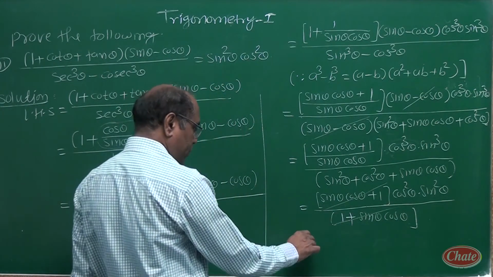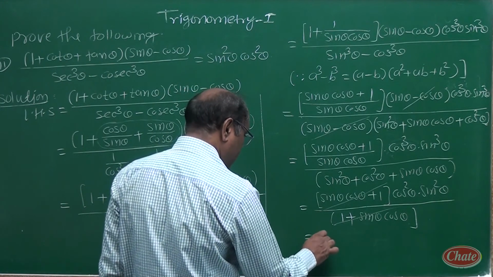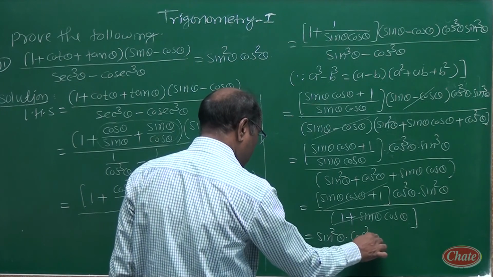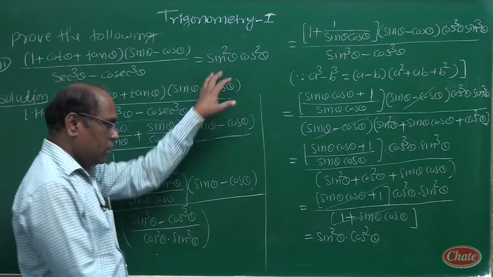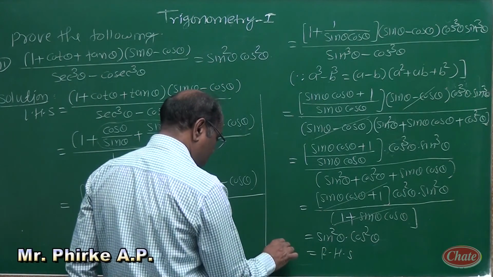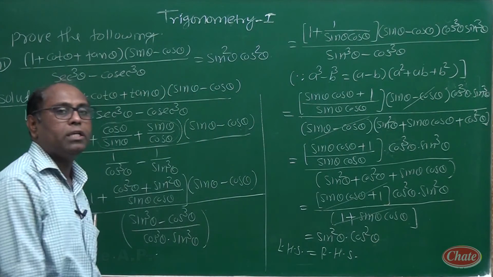So that is equal to sin square theta into cos square theta, and that is nothing but the right hand side. Therefore left hand side is equal to right hand side. So that is the required proof.